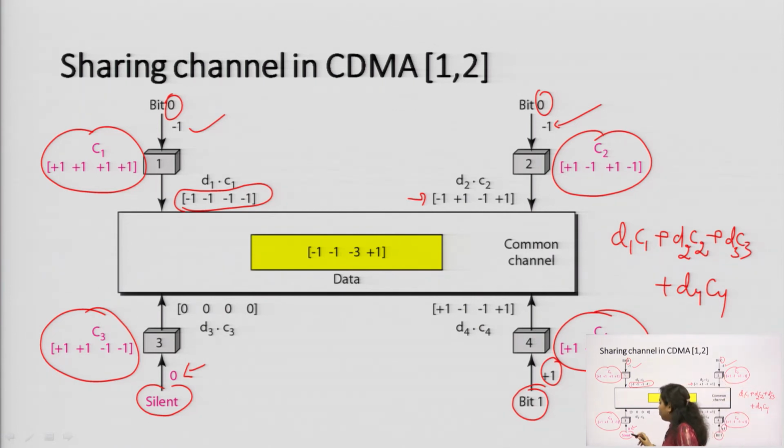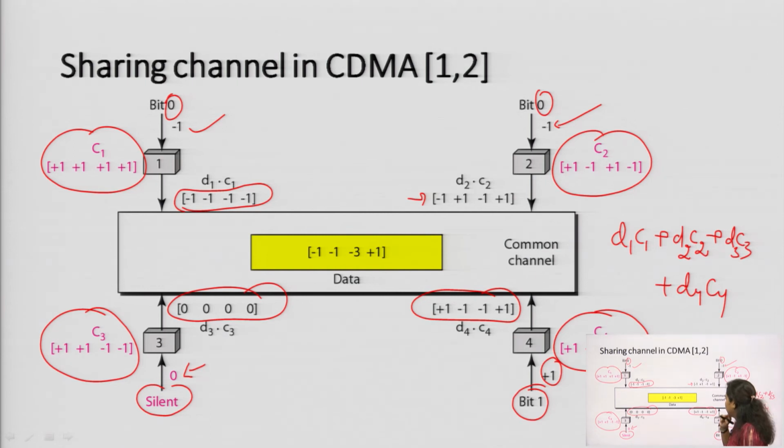When 0 is multiplied with any bit, either positive 1 or negative 1, the output will be 0. So, D3 C3 will be 0. Then D4 C4, this is again +1 multiplied, so no sign will change. So, plus minus plus. So, this is how this code will be generated.